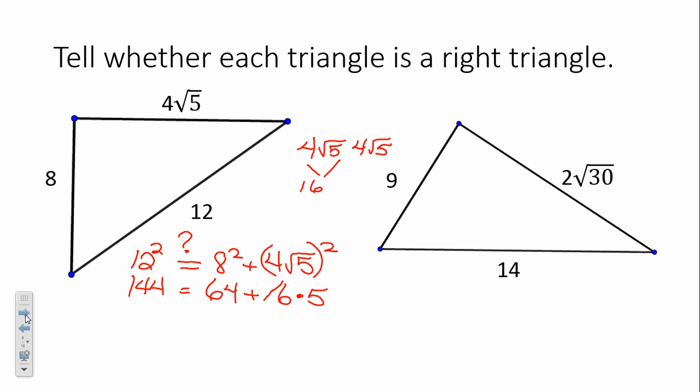So we'll have 16 times 5, which is 80. So 80 plus 64, does that equal 144? Yes. So we know that we have a right triangle.